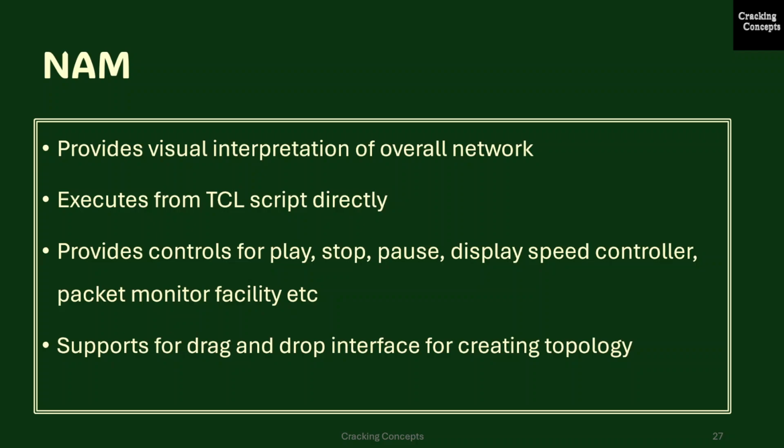To conclude, NAM provides visual interpretation of the overall network. It executes from a TCL script directly. It provides controls for play, stop, pause, display, speed controller, packet monitor facility, etc. It supports a drag and drop interface for creating topology.